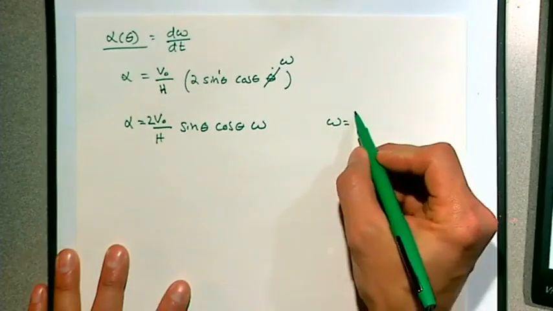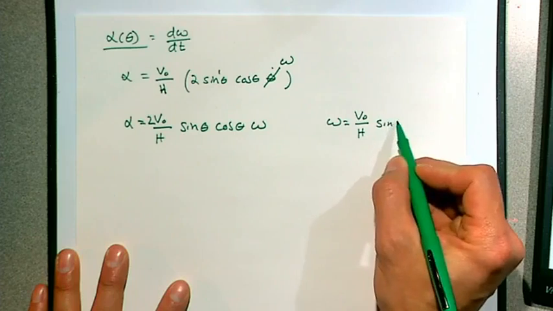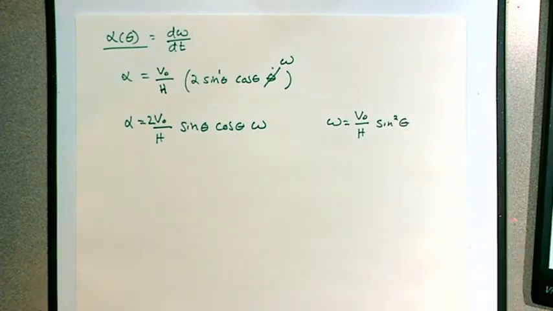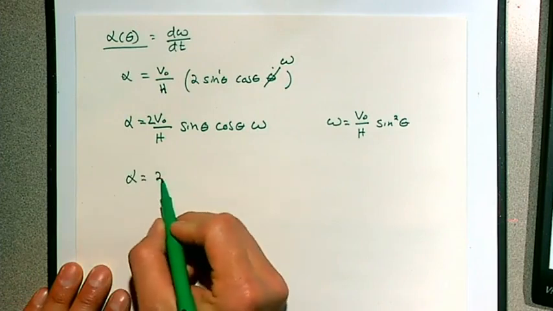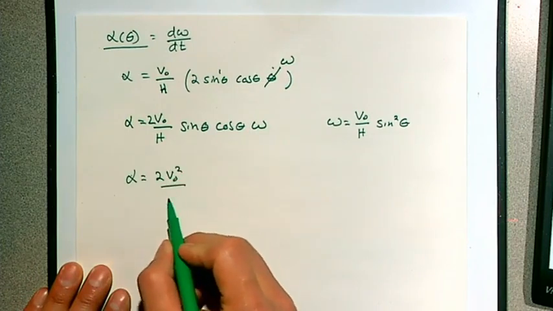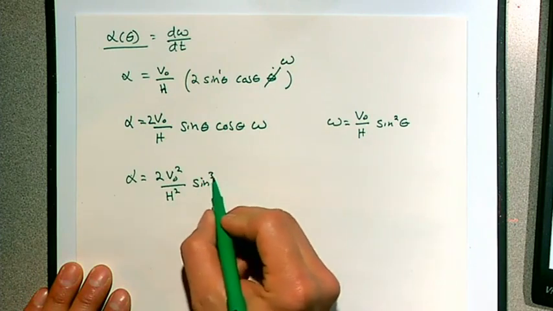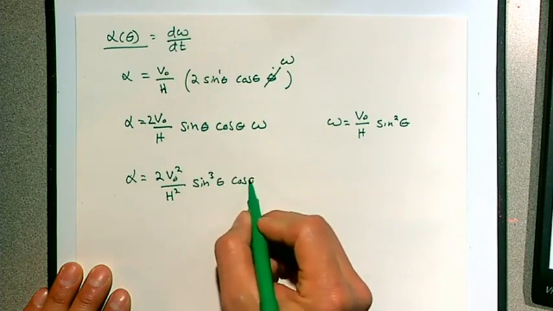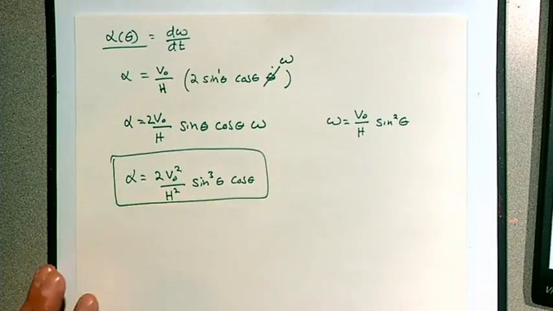We just solve for that. v0 over h sine squared theta. So alpha is 2 v0 squared over h squared sine cubed theta cos theta. Obviously.